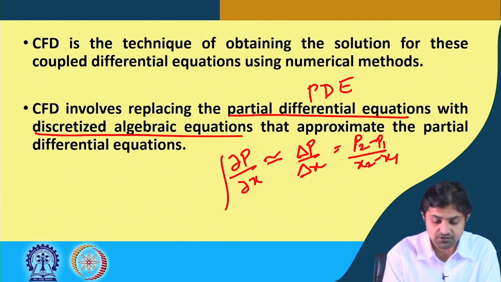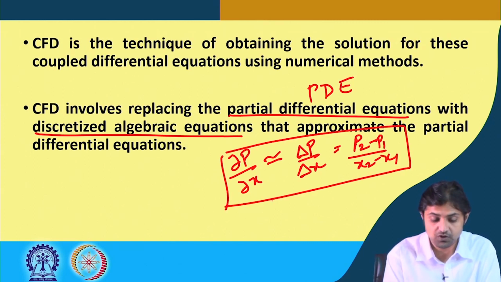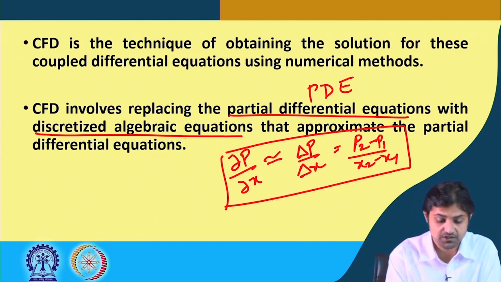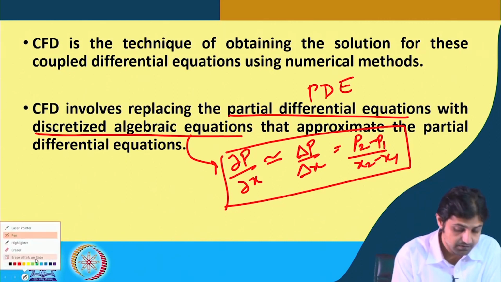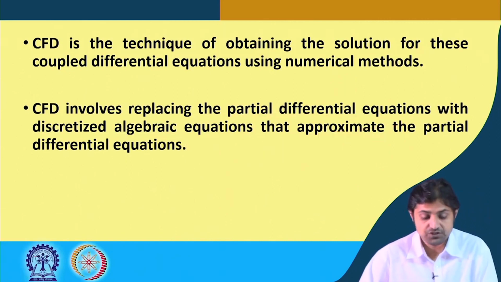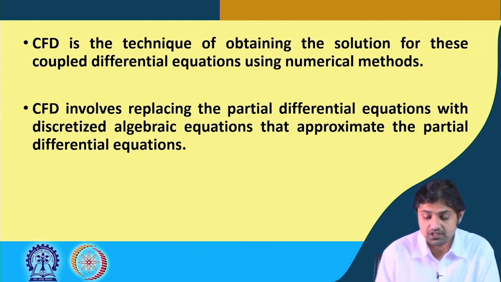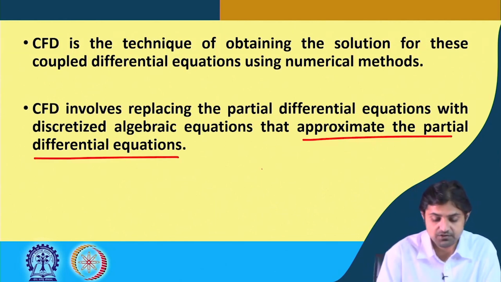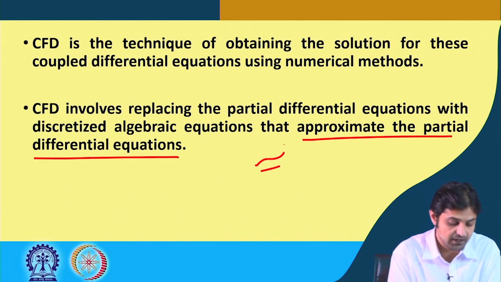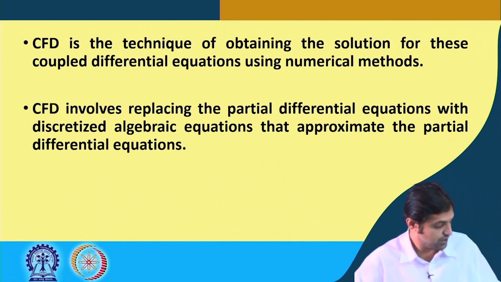This is very basic to write, but I hope this will make it clear what a discretized algebraic equation is. So, this is like an algebraic equation, right? That is why there was an approximate sign when I wrote those. All right.